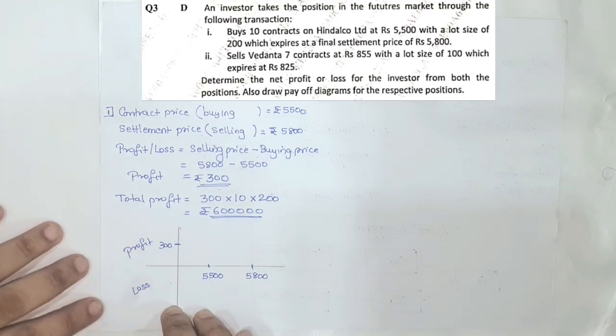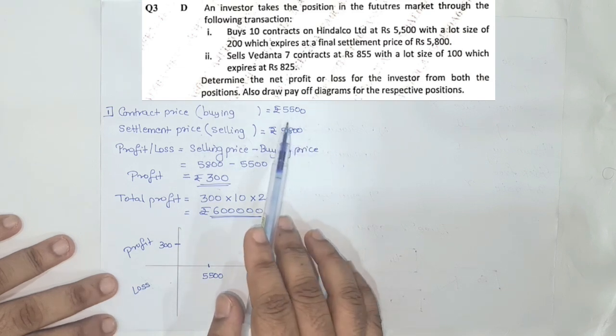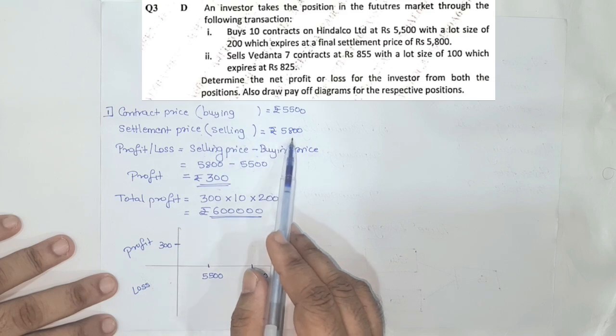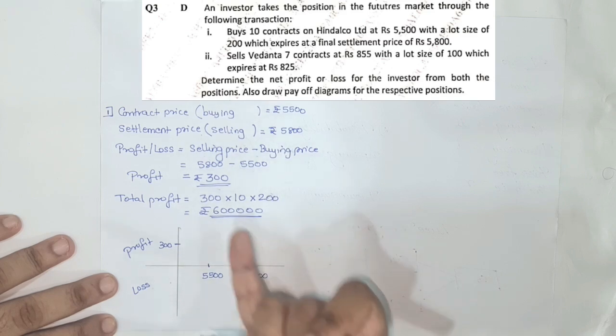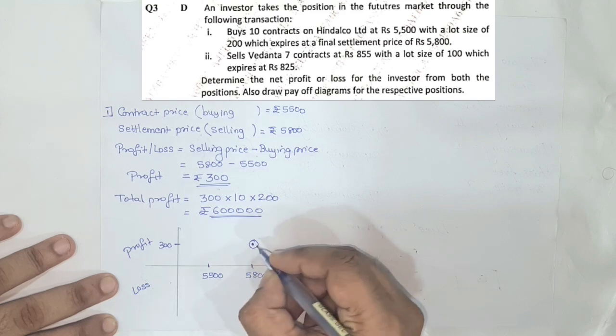Now let's see how we draw the diagram. Look at this very carefully. Always see where we are starting off. We are going to start off with 5,500 because that's my contract. On the settlement we sold it, and we always have to mark the settlement rate. On settlement, it was 5,800. So this is our settlement, and we earned a profit of 300, so we mark 300 here.